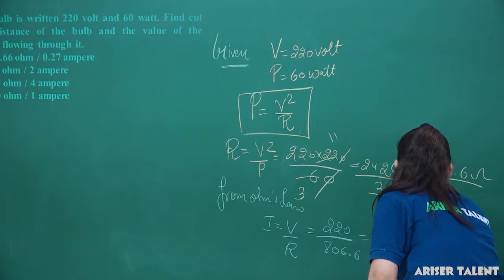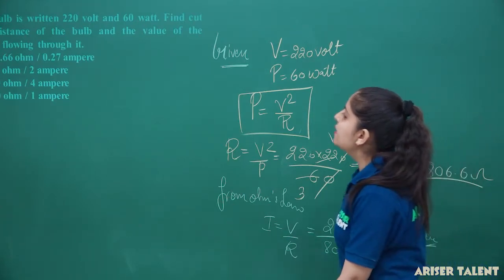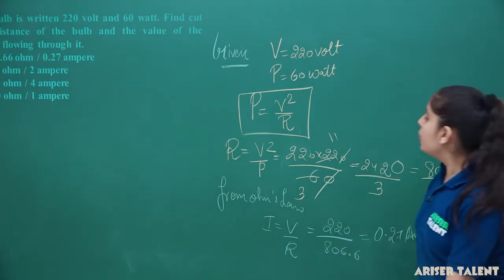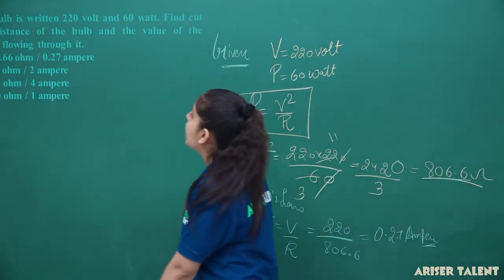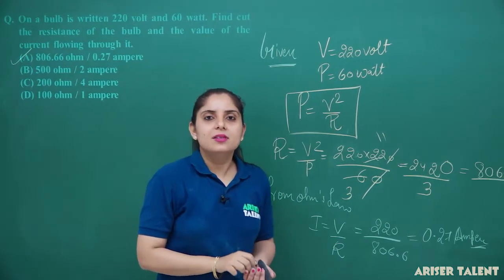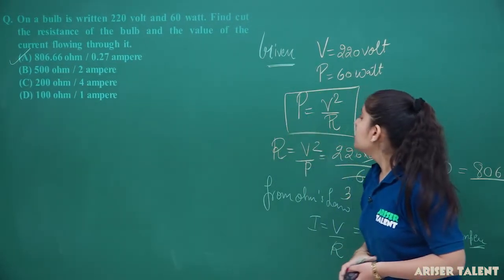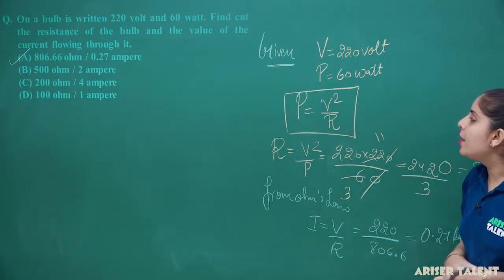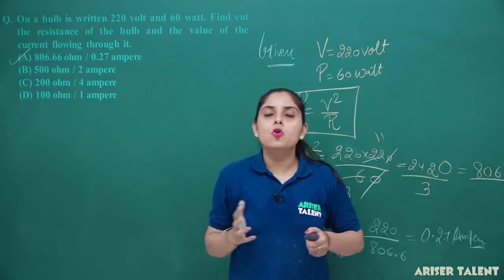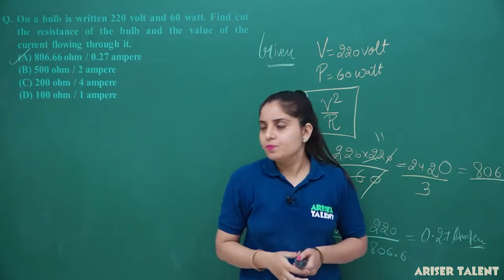So let us check the options here. 806.66, this is our resistance we are getting, and 0.27 ampere, that is the value of the current I am getting here. So option number A will be our correct answer. So this is again a question that is formula based, dependent upon the formula of power, and again Ohm's law is applied here.